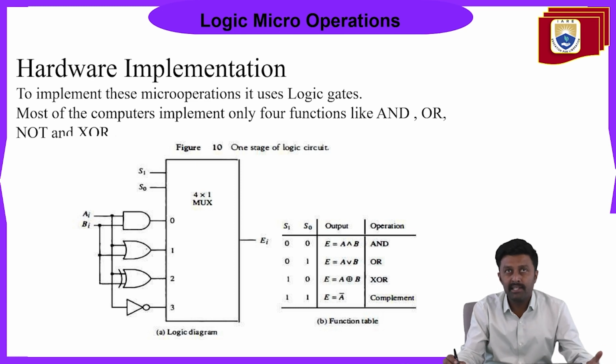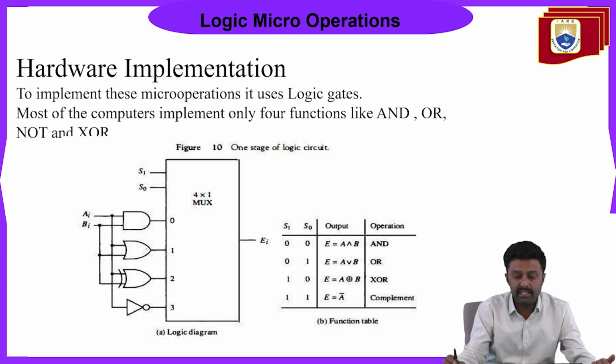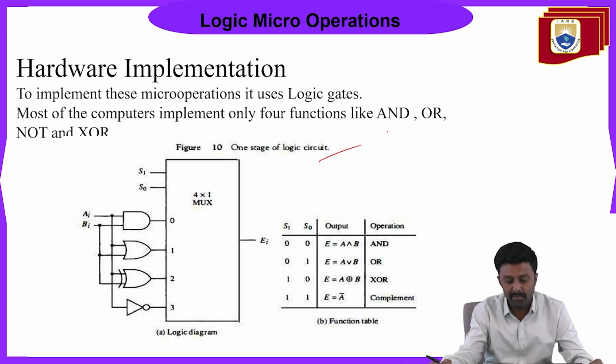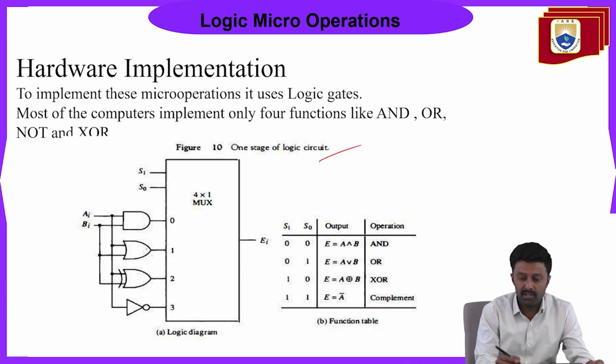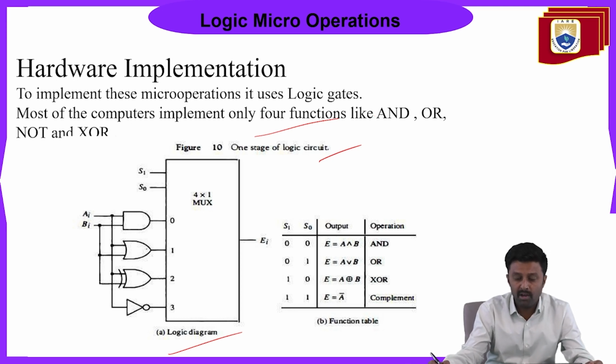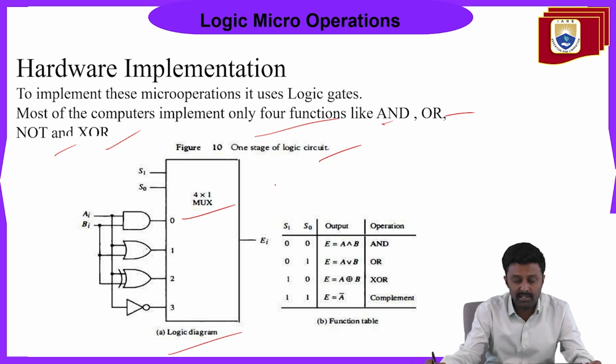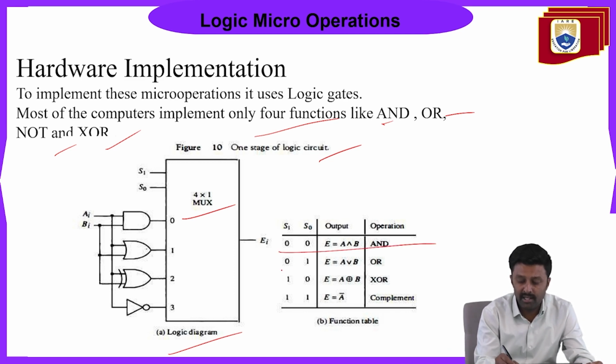So how to implement the hardware implementation of these logical micro operations? In order to perform these logical micro operations, we have to design some hardware implementation. This figure shows circuit hardware that will perform the operations like AND, OR, NOT, and XOR, which is constructed by using a 4:1 multiplexer, which will have 4 inputs and 1 output, and the truth table is given here.